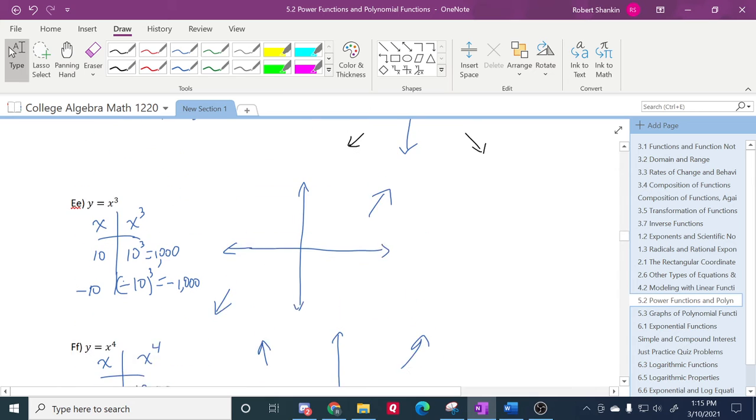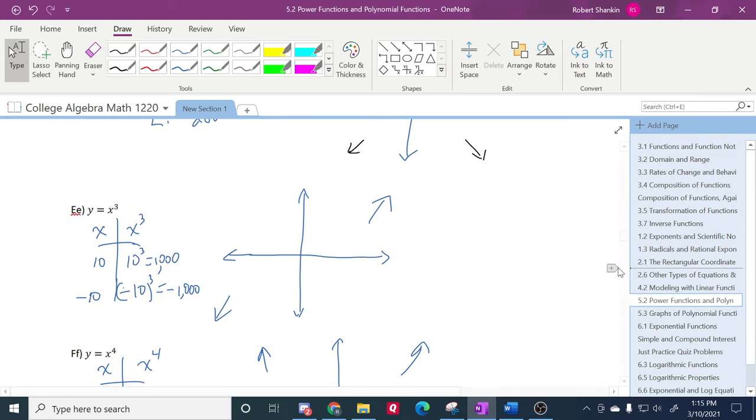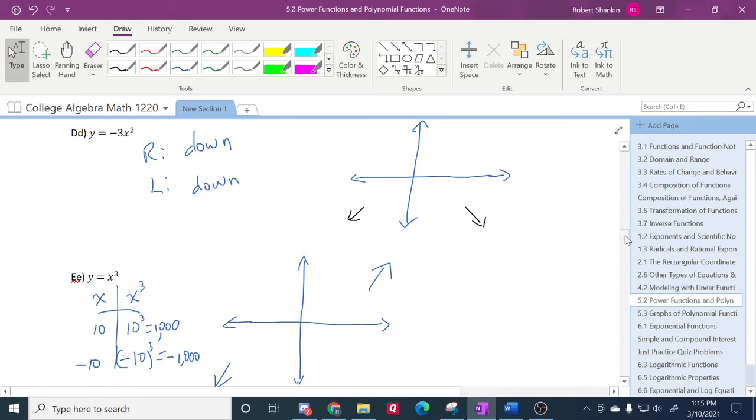Now, the title of this was Power Functions and Polynomial Functions. When you have a simple one where it's just x to a power, this is called a power function. Just x to a power.